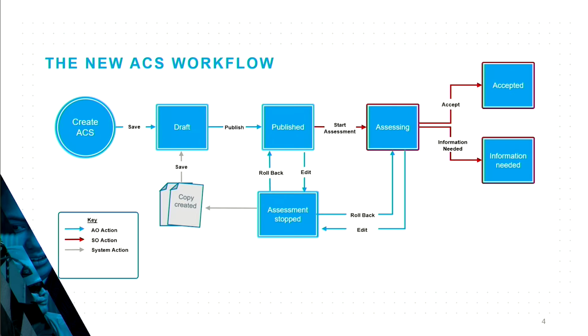And this state accepted means that the information provided for these assets relevant to the stage is acceptable to the system operator. In the information needed state, this means that further information is required by the system operator.